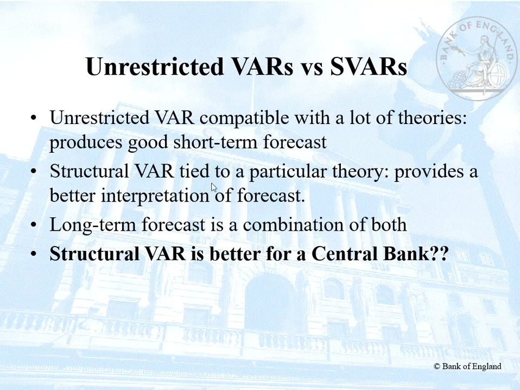The structural VAR tied to a particular theory provides a better interpretation of the forecast. So if we have the impulse response with the structural VAR, we can interpret it in an economic environment or economic background. And for the long-term forecast, it is a combination of both.